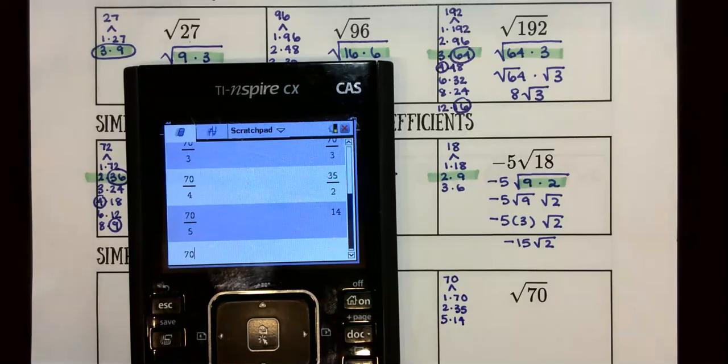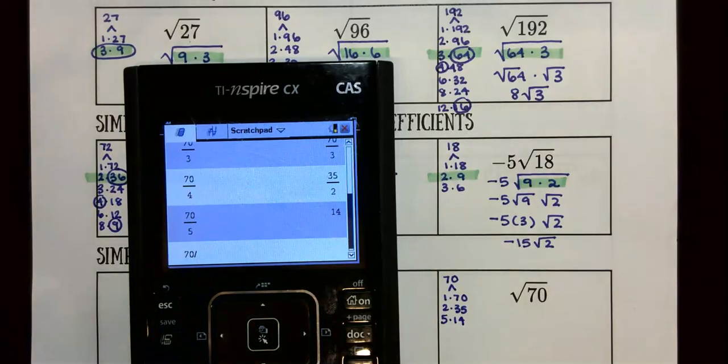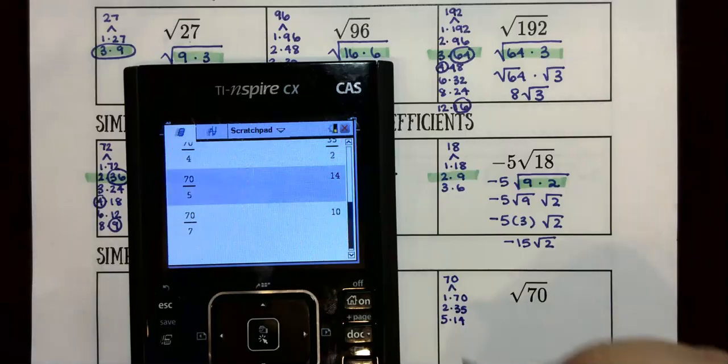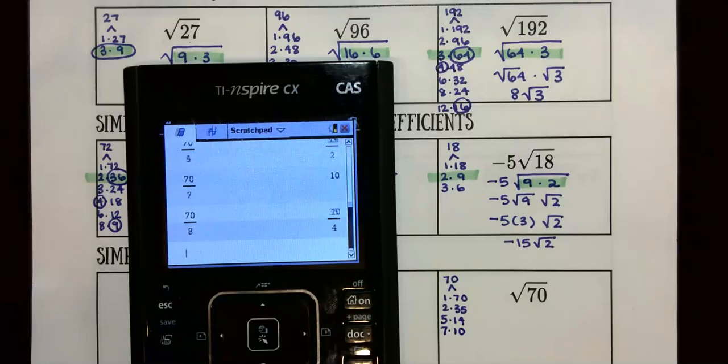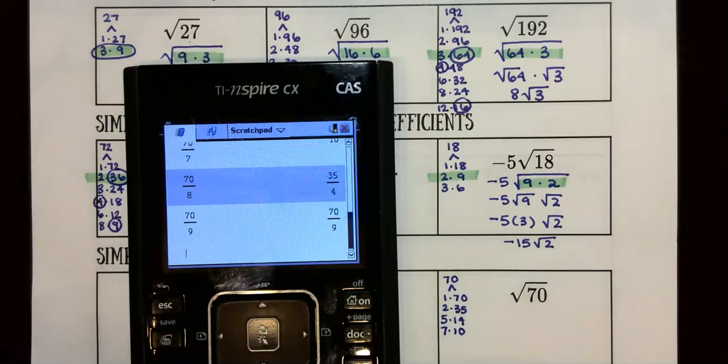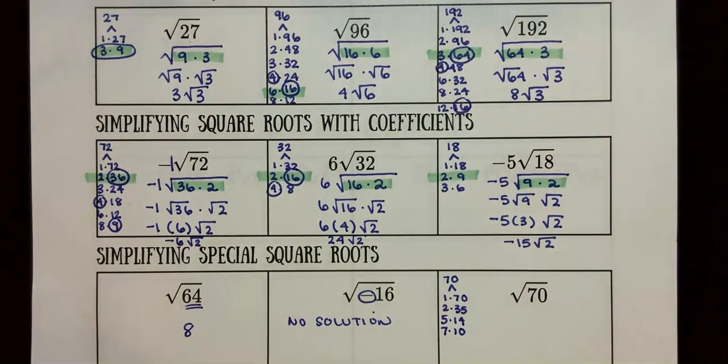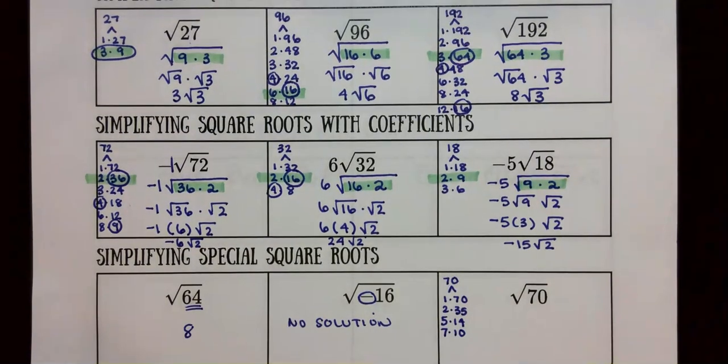So 70 divided by 6 does not exist, but I know 70 divided by 7 is 10. 70 divided by 8, nope. 70 divided by 9 doesn't exist. 70 divided by 10 does, but that is already on this list. So because we already have it, we can stop here.